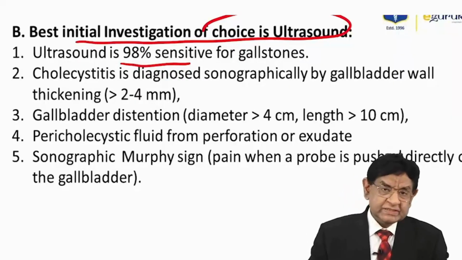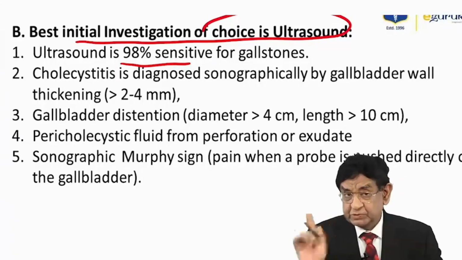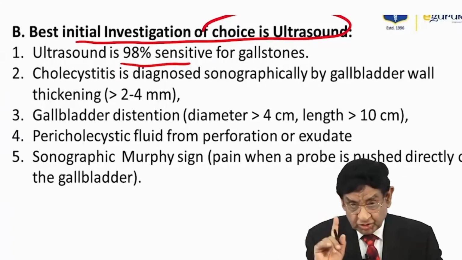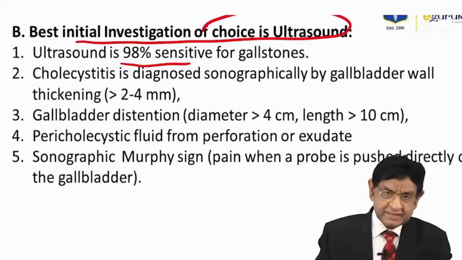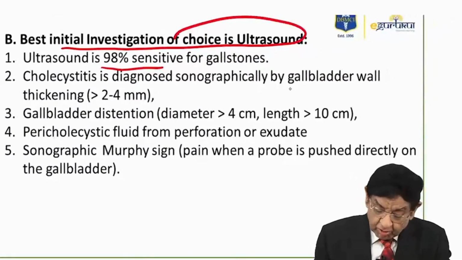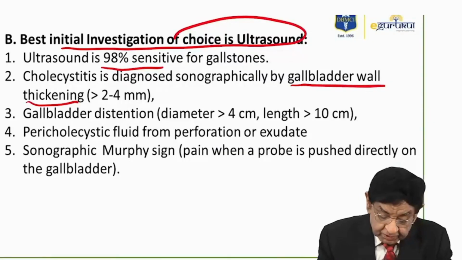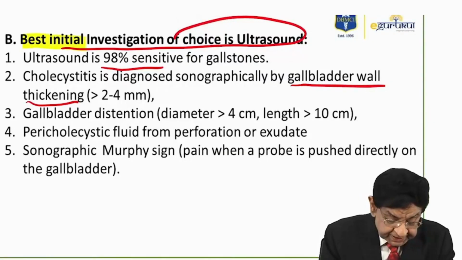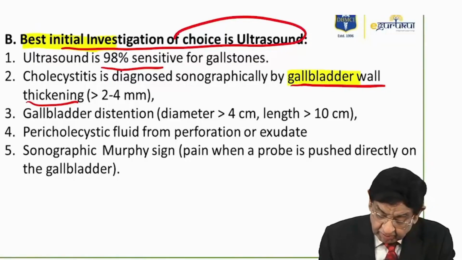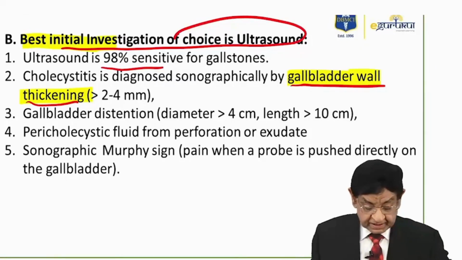Even cholecystitis can be diagnosed, which is often associated with gallstone, but not always. Let's presume it is there. So cholecystitis we can diagnose by gallbladder wall thickening. Point to be noted. So the best initial test is the first, and gallbladder wall thickening is seen in cholecystitis.